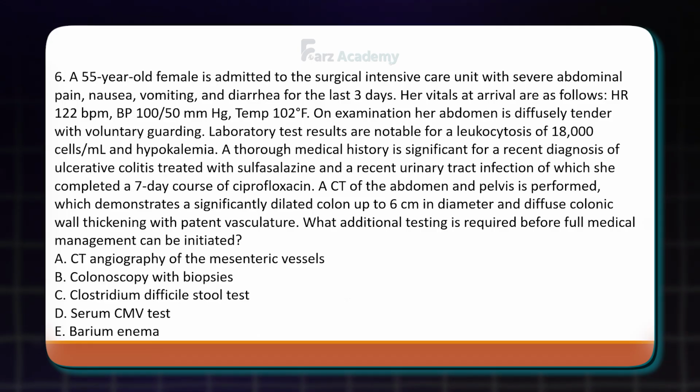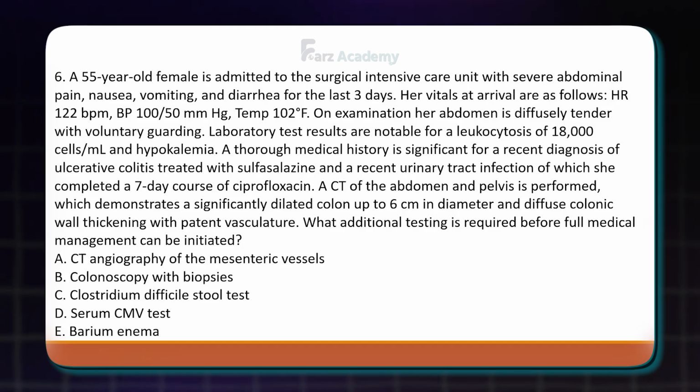Now this is a 55-year-old female admitted to the surgical ICU with severe abdominal pain, nausea, vomiting, and diarrhea for the last 3 days. Vitals are heart rate 122, BP 100/50, temperature 102. On examination, the abdomen is diffusely tender with voluntary guarding. Lab results are notable for leukocytosis of 18,000 and hypokalemia.